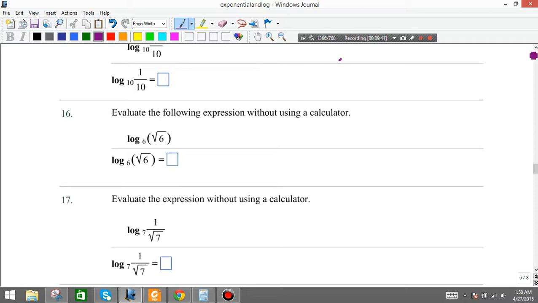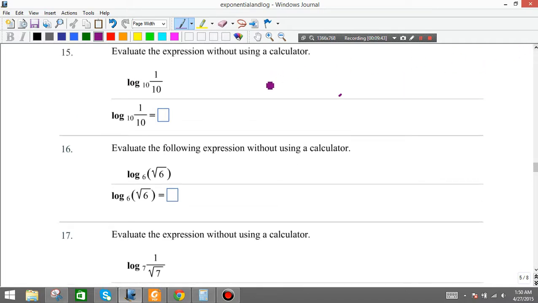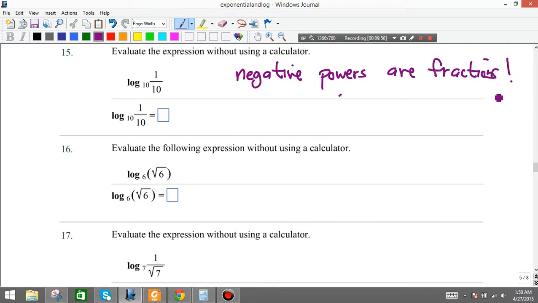And it's that negative powers are fractions. So 10 to the first is 10. 10 to the second is 100.